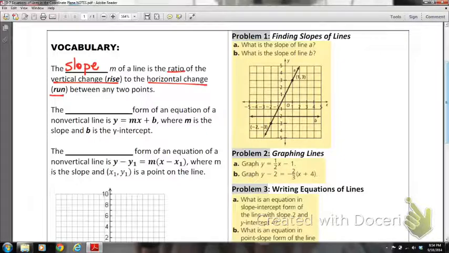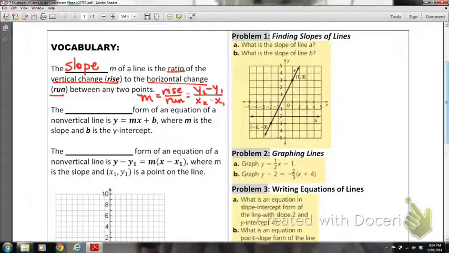So if we look at the formula for slope, m is equal to rise over run, which is the change in your y-coordinates, y2 minus y1, over the change in your x-coordinates, x sub 2 minus x sub 1.